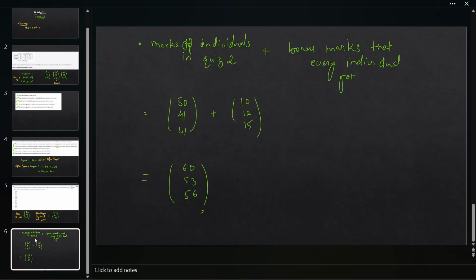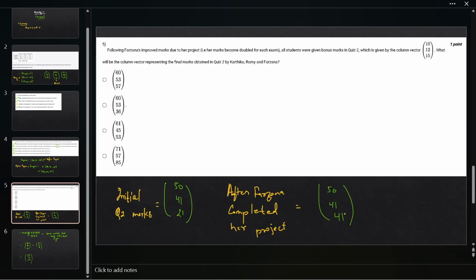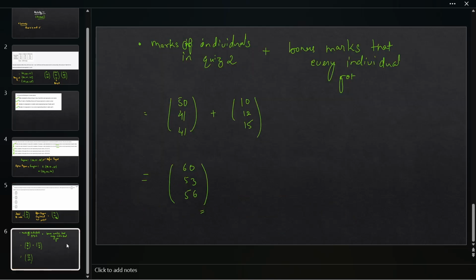Have we made any mistake here? Okay, sorry. This should be 42 because we multiplied this with 2. So this should be 42, and here it would be 42 as well. And this would become 57.